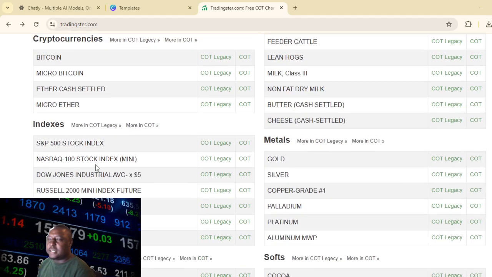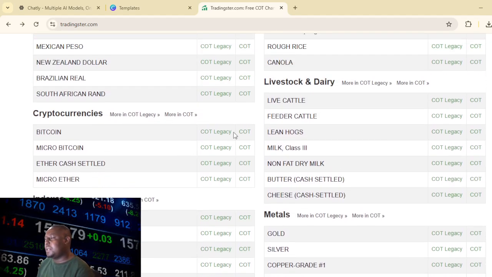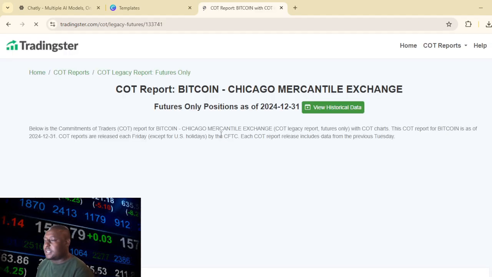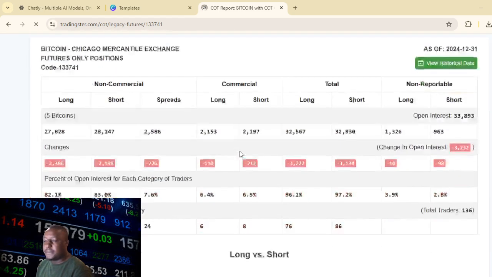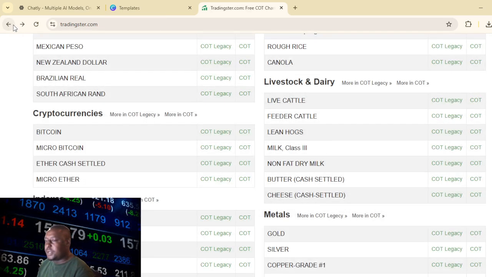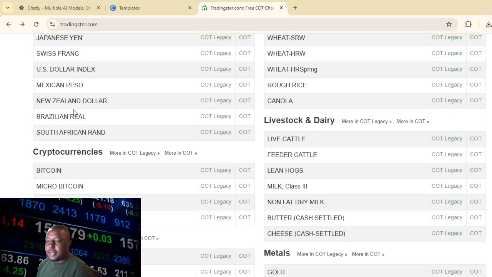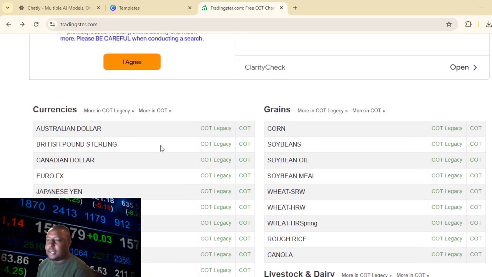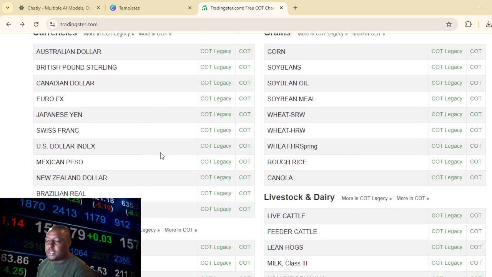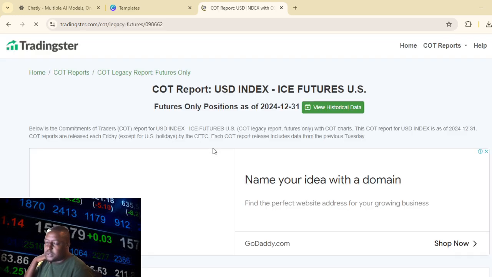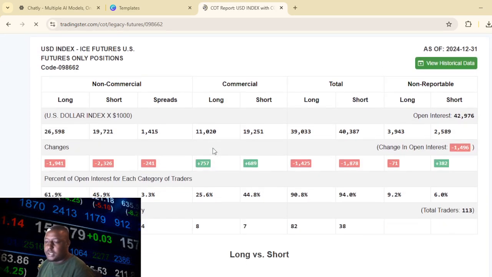And just on the indices part, or let's look at Bitcoin just for interest's sake. Close profits, close long, close shorts, same thing. They're quite neutral as well. And then, because I know the dollar index or the dollar is very strong, let's just quickly see what they did with the dollar.